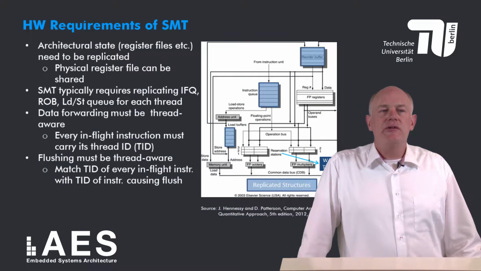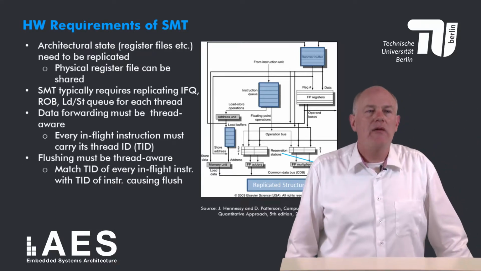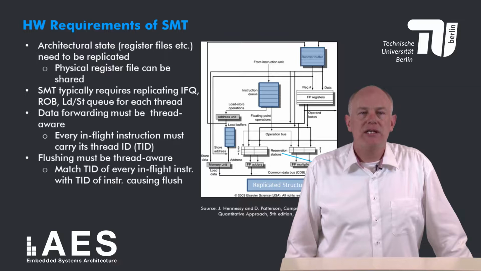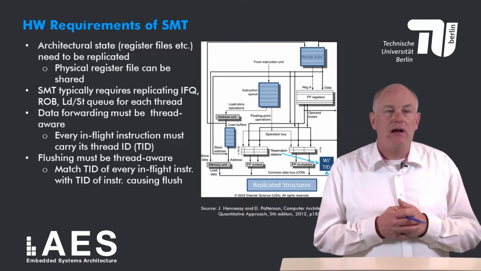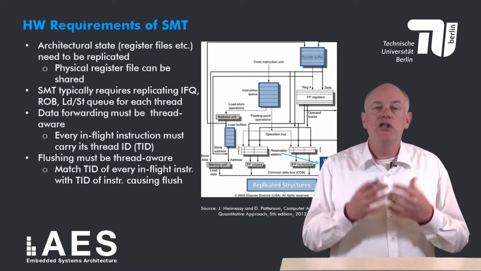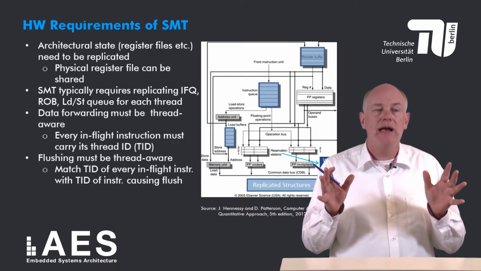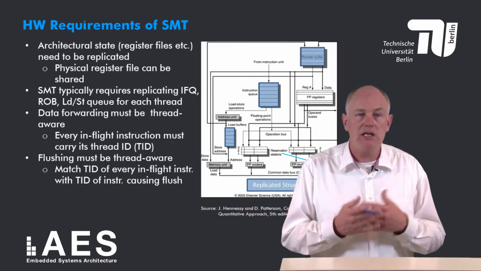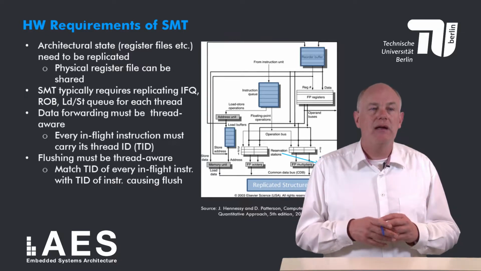Before I delve into the details, let's have a top-level view at the hardware requirements of simultaneous multithreading. Of course, the architectural state, meaning the architectural register files, the program counters, etc., needs to be replicated. Anything that is needed to save a thread, to save a process in operating system terms, needs to be replicated.